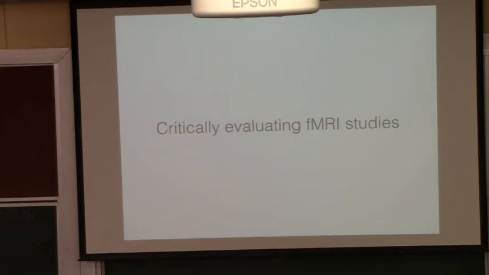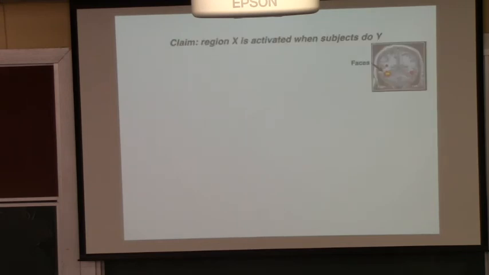So basically, now I thought we'd go into ways to critically evaluate fMRI. A lot of times you see claims in the newspaper like this, that in this experiment, this is cerebellum. You might have learned that in some other lectures, and people might say, well, region X, cerebellum, is activated when subjects do Y. So here, this study was done, and people said the cerebellum is activated when people look at faces.